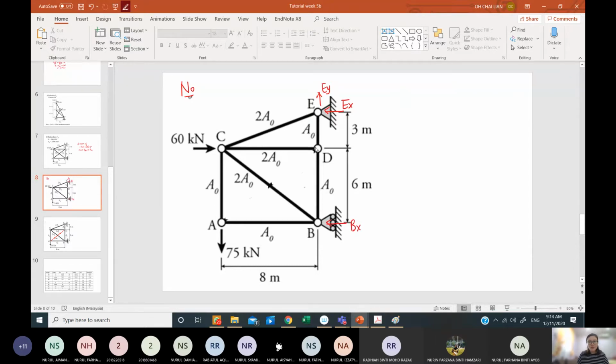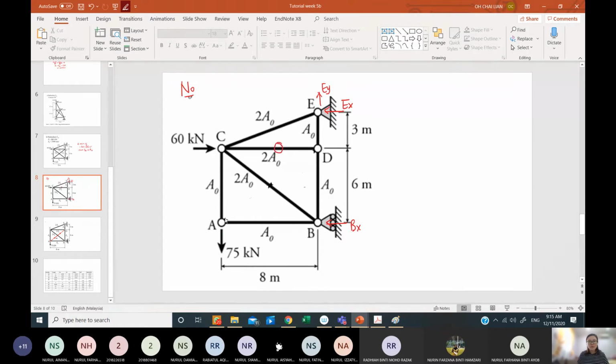I can actually solve the member force CD right now, which is supposed to be 0, because at D there is no other horizontal force, so this is 0.